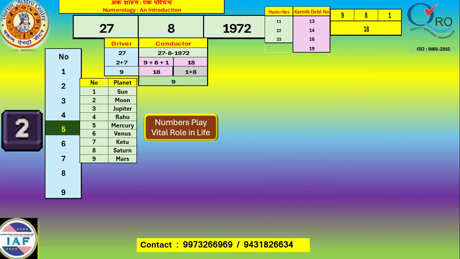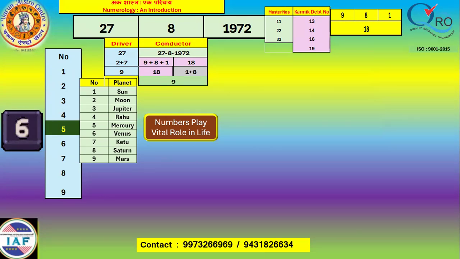For example, if the date, month, year, or any summation of them comes to 11, 22, 33, or 44, it is known as a master number.